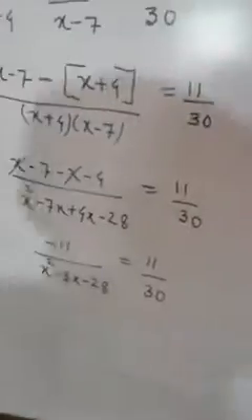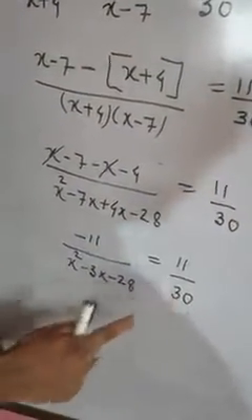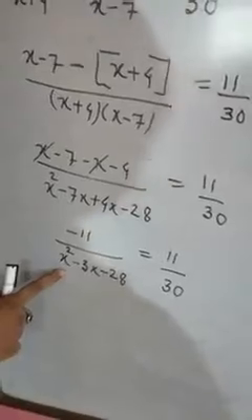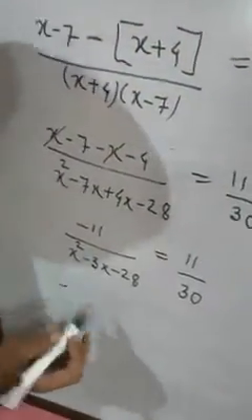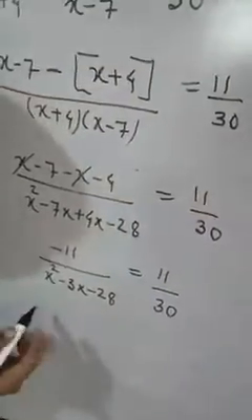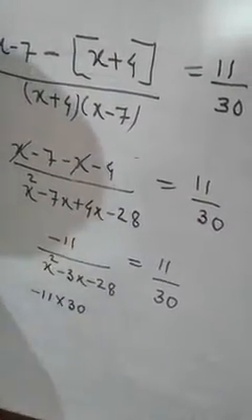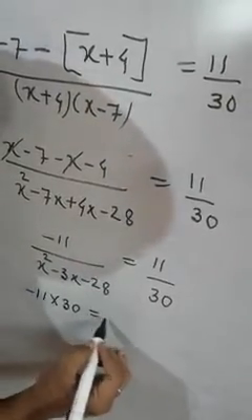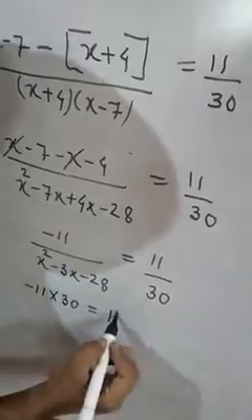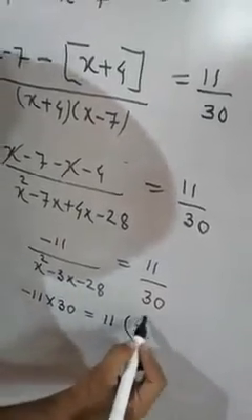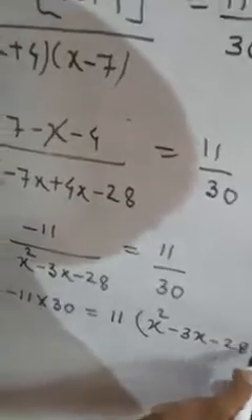Now we will cross multiply the equation. Minus 3 will be multiplied with 30, and 11 will be multiplied with x square minus 3x minus 28. So it will be equal to minus 3 multiplied by 30, and 11 multiplied with x square minus 3x minus 28.